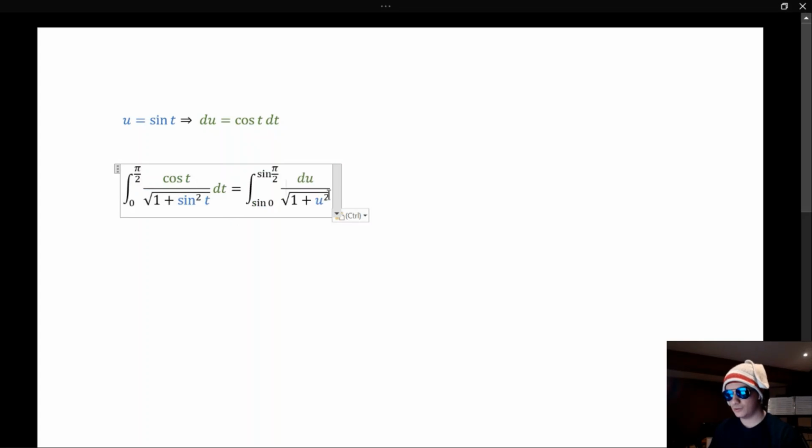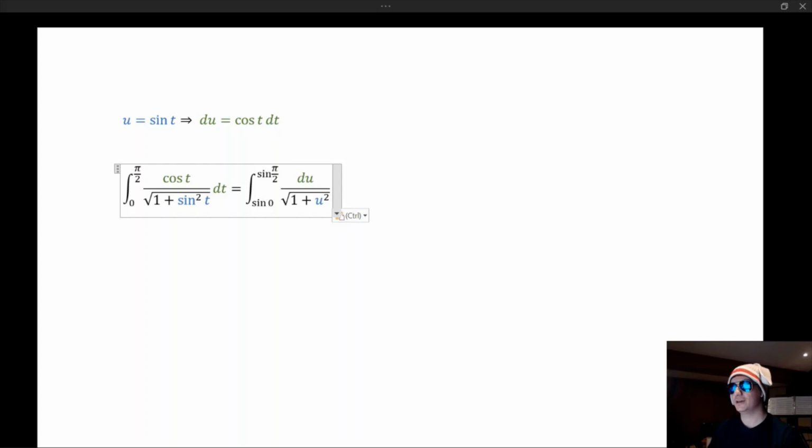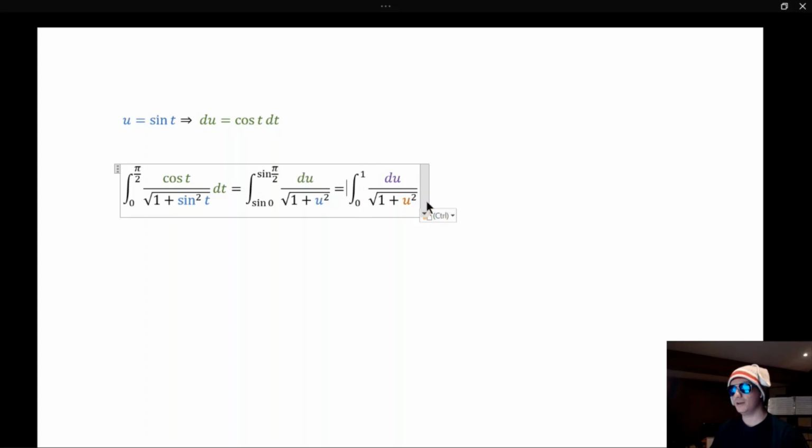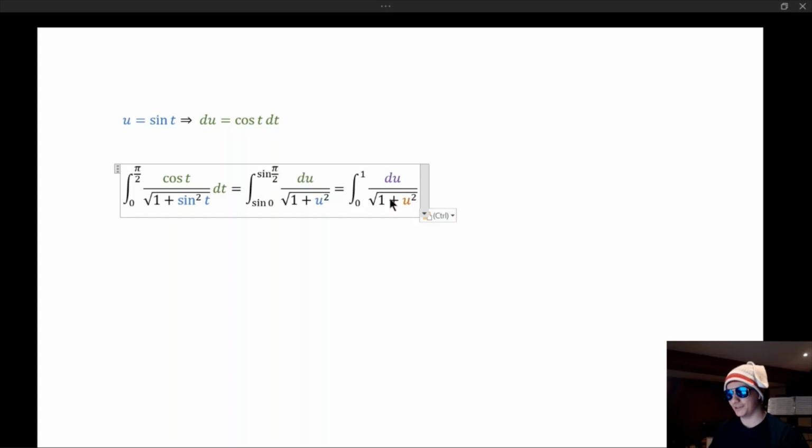It's the integral of du divided by square root of 1 plus u squared from sine of 0 to sine of pi over 2, and these bounds are just 0 and 1. Okay, so the integral in this form, you may be tempted to do a trigonometric substitution, so we're going to do exactly that.